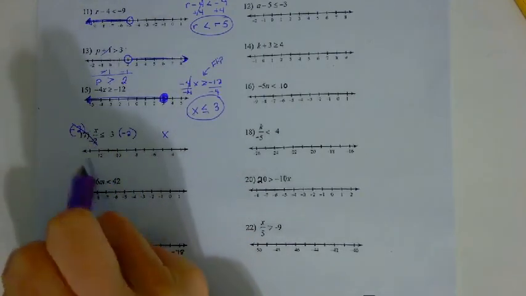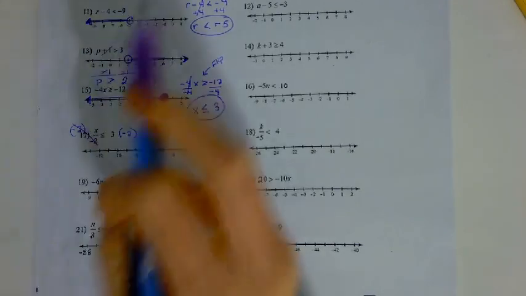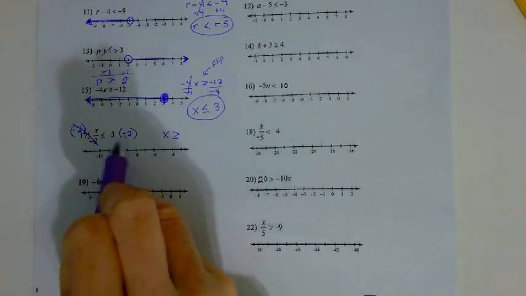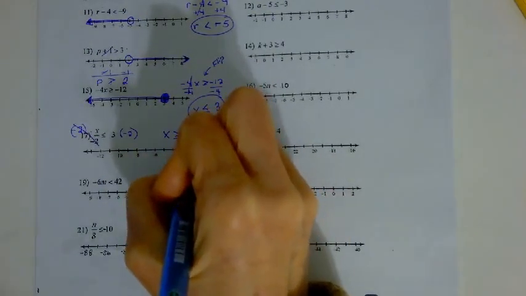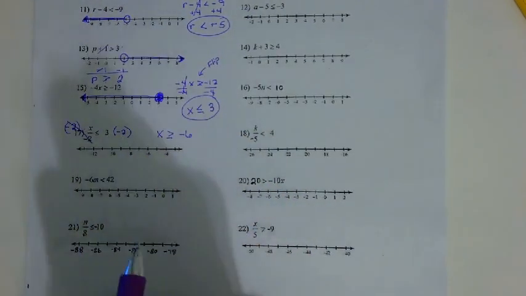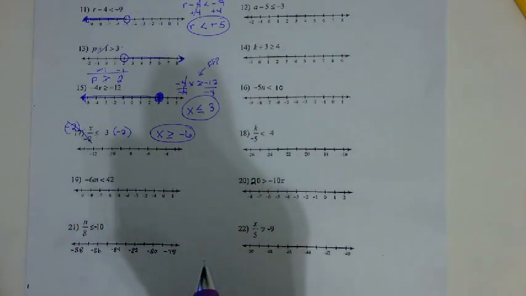So since we multiplied by a negative 2 here, I'm going to flip this. It's going to become greater than or equal to. And then negative 2 times 3 is negative 6 because that's a negative times a positive, so that's negative. So that is our answer there. Now we're going to graph it.